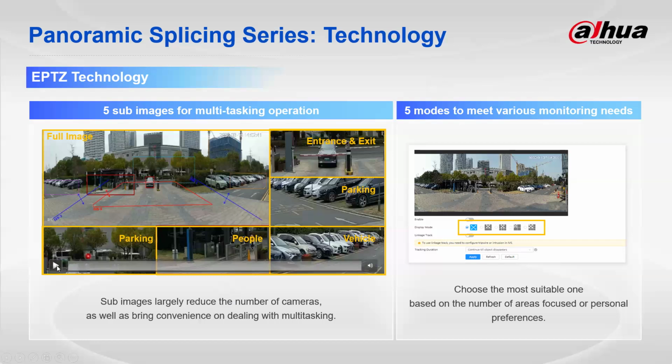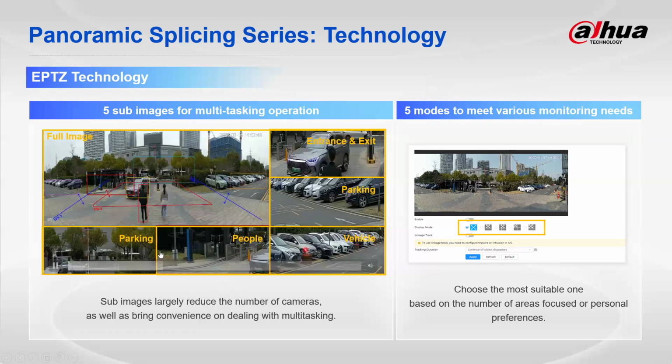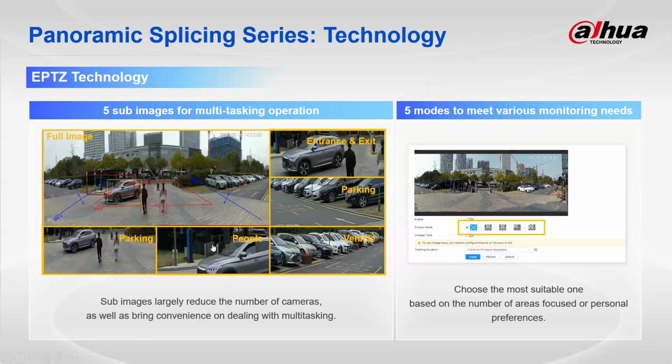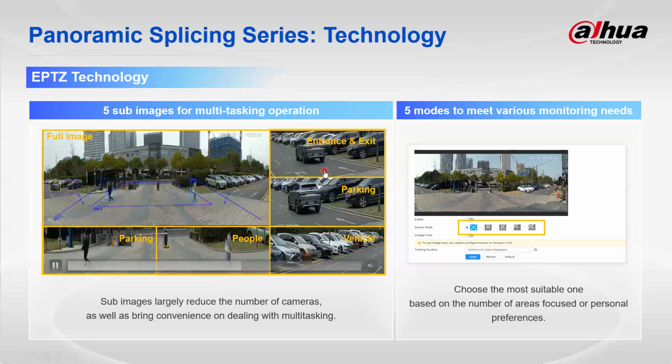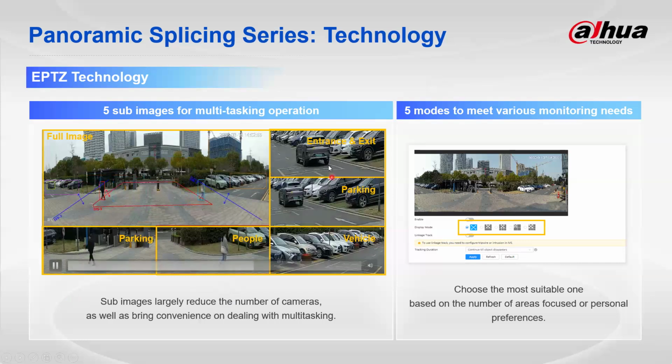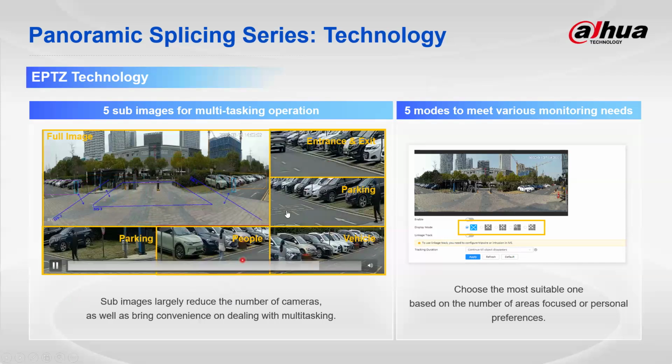So let's take a look at this to understand it more. You can see from this point, these are the different target tracking areas. These are basically going to track the vehicle until it gets out of the scene of that particular camera. So this is the EPTZ technology we're talking about.